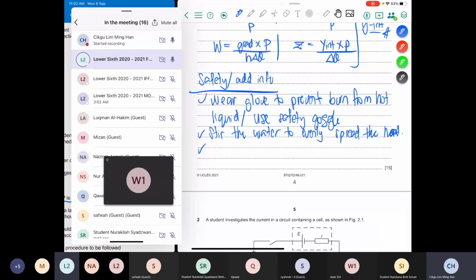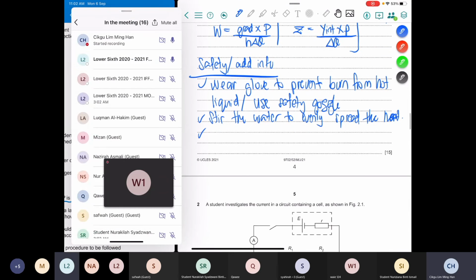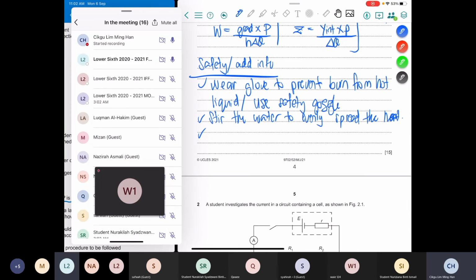Anything you want to add to this additional information? Insulate the beaker to avoid or reduce the heat loss.